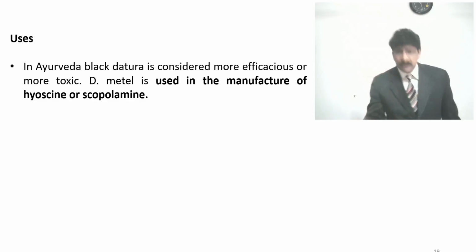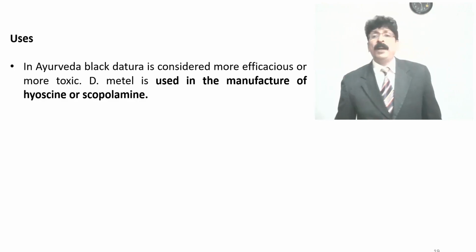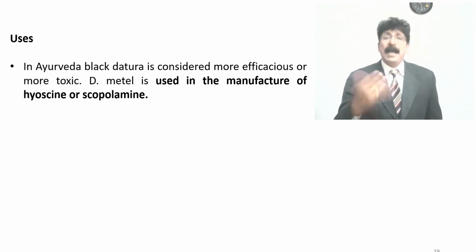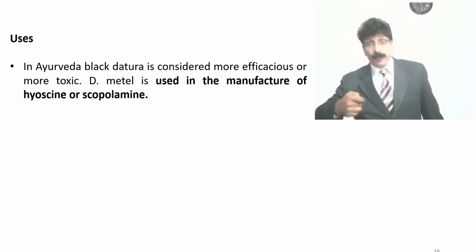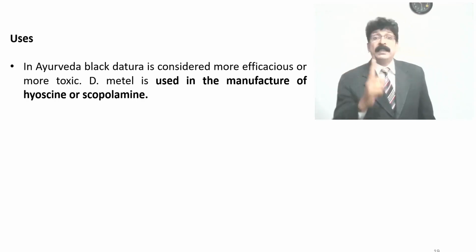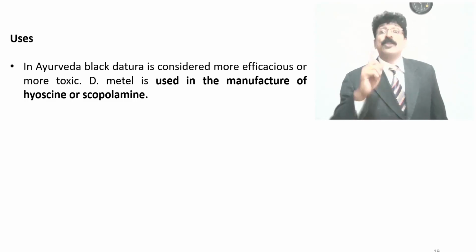Uses: many pharmacological uses which you have seen in belladonna are applicable here also. In Ayurveda, the black datura is considered more efficacious or more toxic. Datura metel is used in the manufacture of hyoscine and scopolamine.